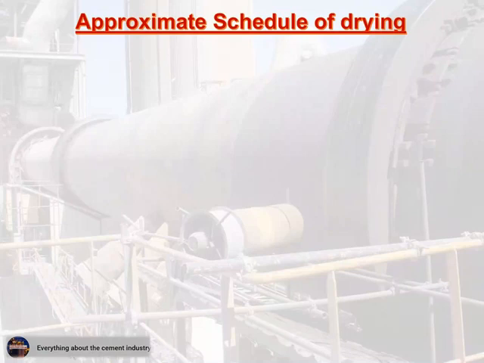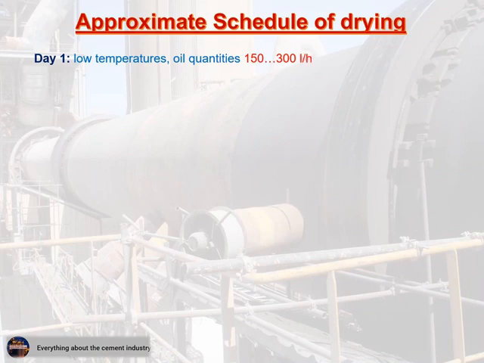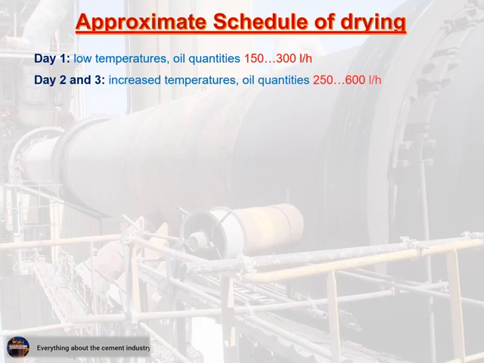Approximate schedule of drying. Day 1: low temperatures, oil quantities 150 to 300 liters per hour. Day 2 and 3: increased temperatures, oil quantities 250 to 600 liters per hour.